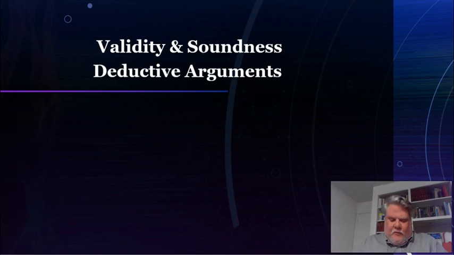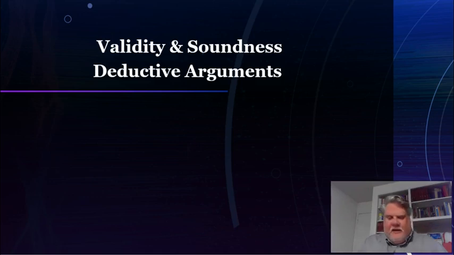These two terms, validity and soundness, I think are two of the most important terms in the early portion of this class. These are two terms that are going to be important in any future philosophy class that you might take.